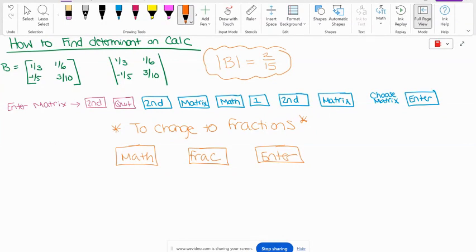Okay, so now we know how to enter a matrix. We know how to find the determinant of a matrix. Now I'm going to show you 2 different ways to solve a system on the calculator. The first way to solve the system on the calculator is through Cramer's. What are we using Cramer's to solve?